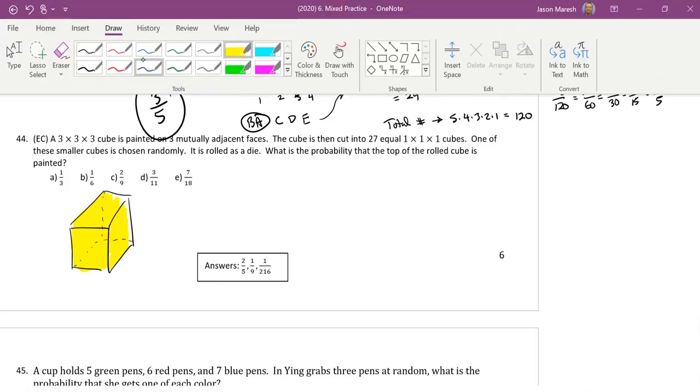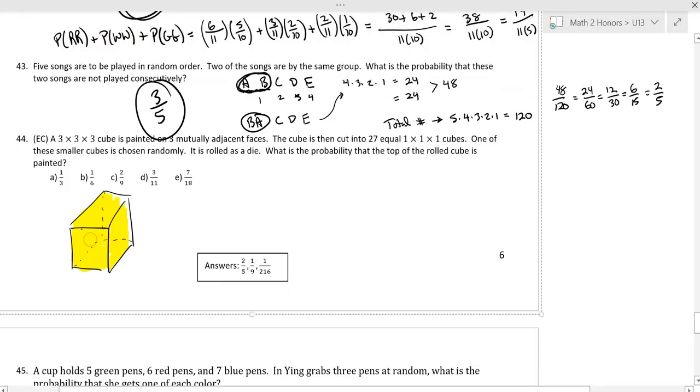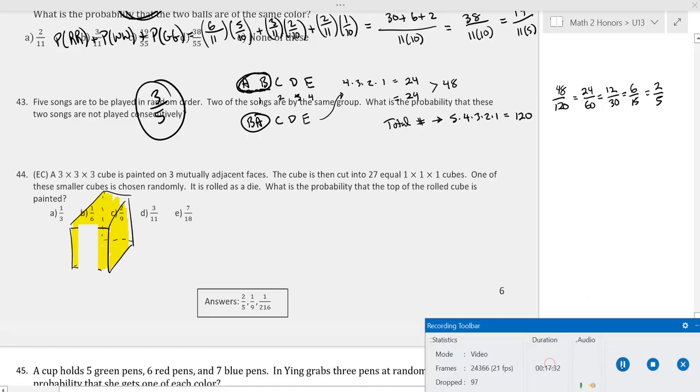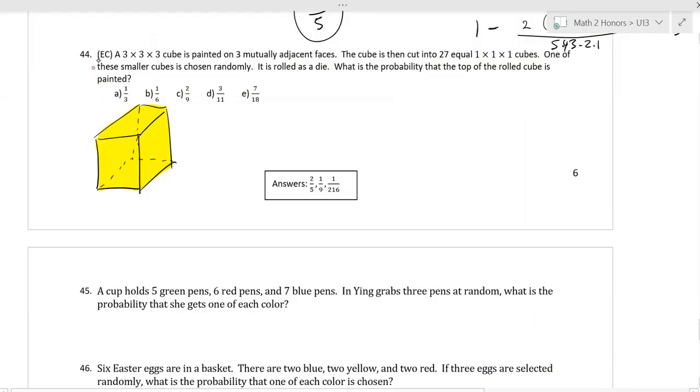And each of these sides is broken up, cut up into 9 cubes.